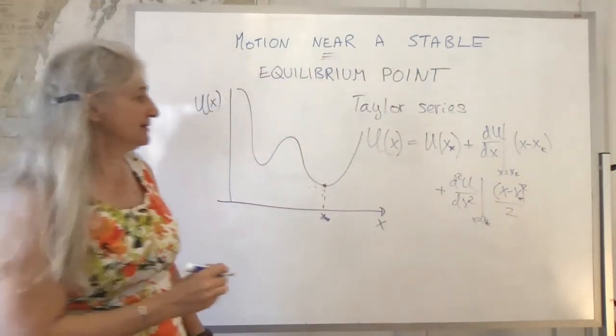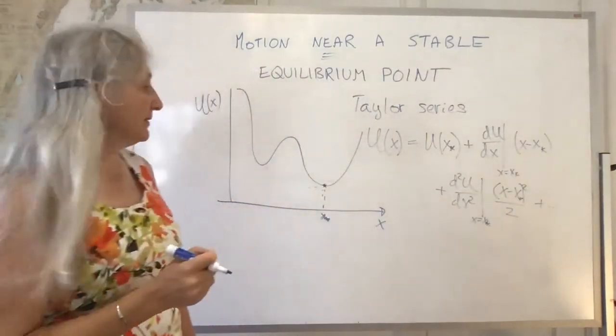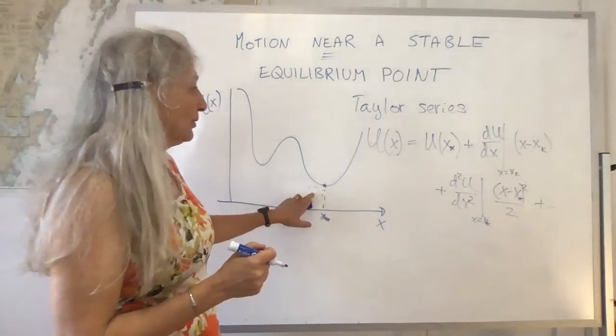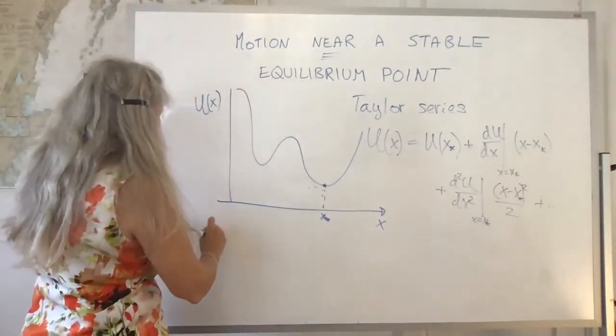So that's the Taylor series to second order, and we could expand it to higher order if we want. Our condition for x star being an equilibrium point is this.